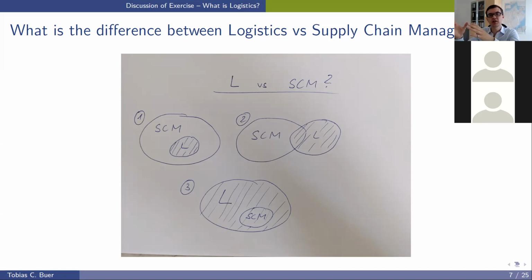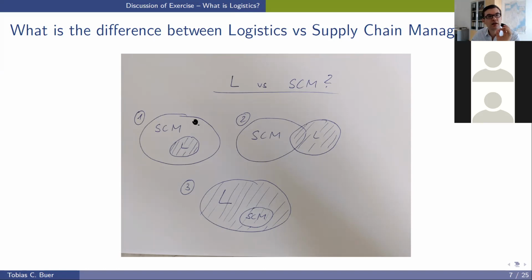Is supply chain management a part of logistics? Or are they completely different concepts? Or is there some overlap in the methods? And we cannot finalize this discussion here in particular because you did not see all the details that are related to supply chain management, but I just want you to be aware of this discussion.